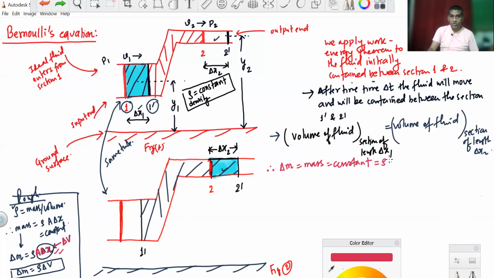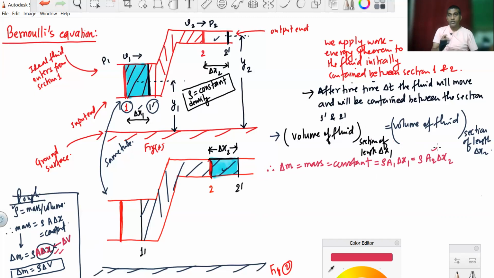So rho times A1, cross sectional area at section 1, A1 times delta x1, thickness or length, equals rho A2 delta x2.